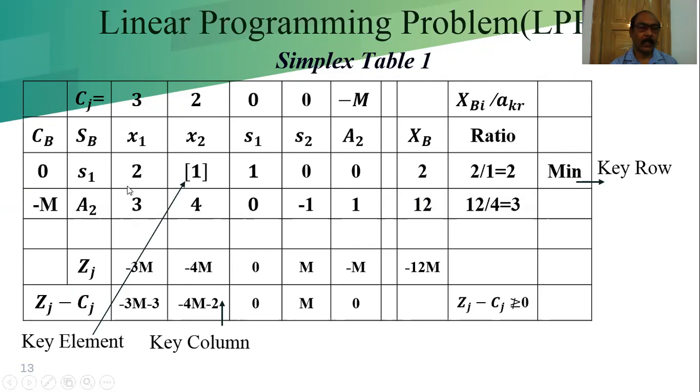In this case, if we calculate this 3, this is our old value. So the new value will be the old value minus the corresponding element in the key column, 4, and the corresponding element in the key row, 4 into 2, that means 8, divided by this. So 3 minus 8, so this should be minus 5.